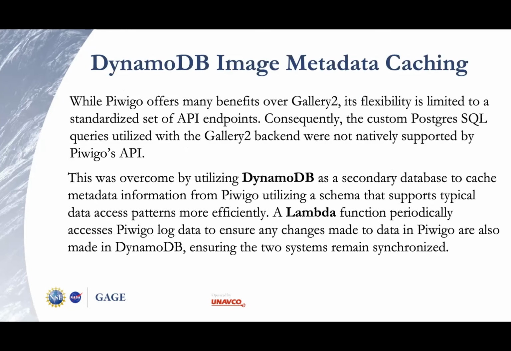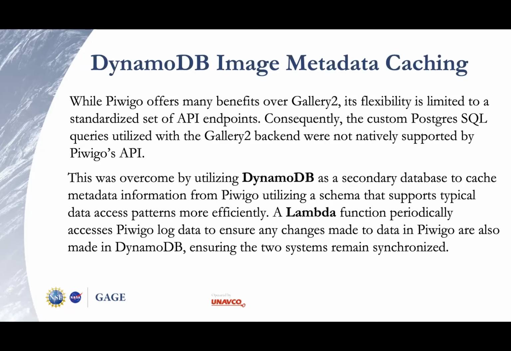So this migration to cloud services improved a lot of things, but it also had a few drawbacks that needed to be worked around. Previously with Gallery 2, we had access to the entire database structure, and we could request data in any way that was needed.